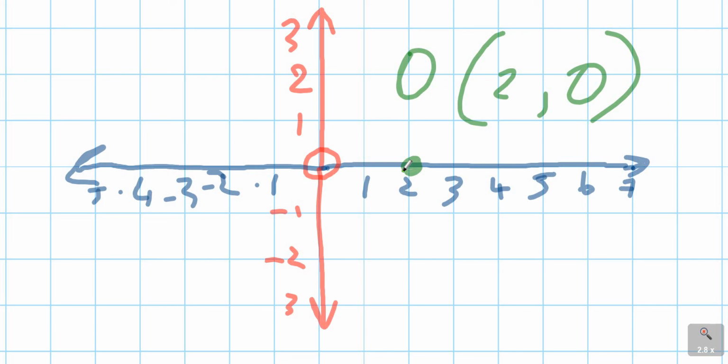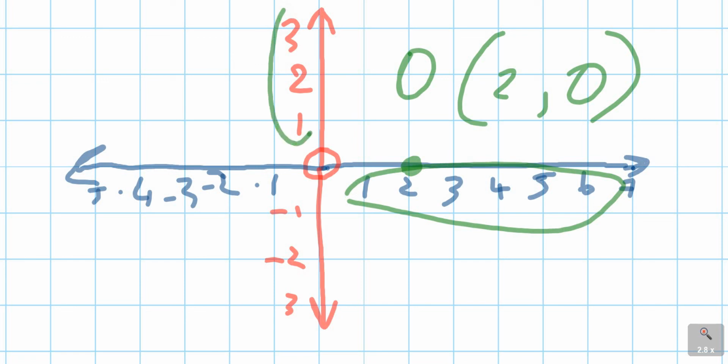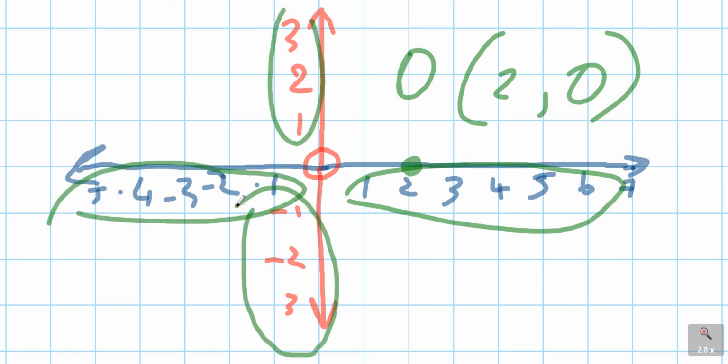And so let us recap. We call these units. They could even give you an instruction and say, if you're going to consider a graph, use 2 units to represent 1 centimeter, or 1 centimeter to represent 2 units, and so on. We will be looking at that in another video.